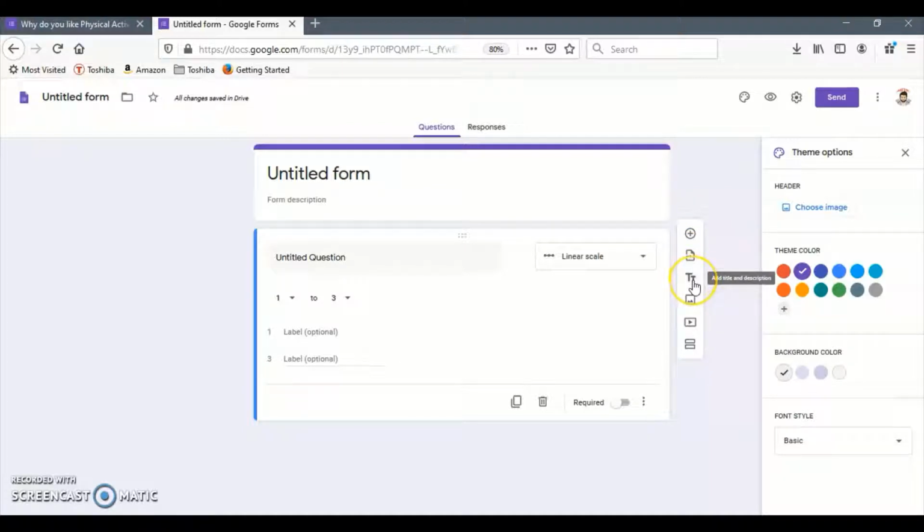You can import questions, you can add titles and descriptions. You can even add more than one. Here's to add more sections and add video. You can also make each question either required or unrequired. I had one that was unrequired, but most of the students answered it, and the others were required.